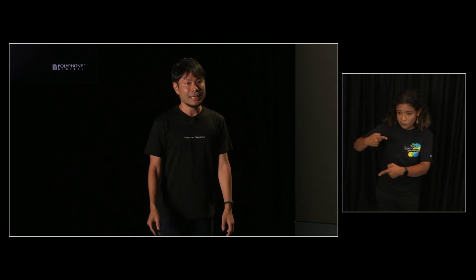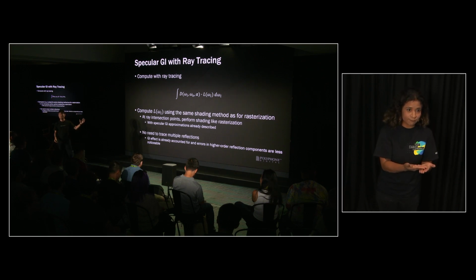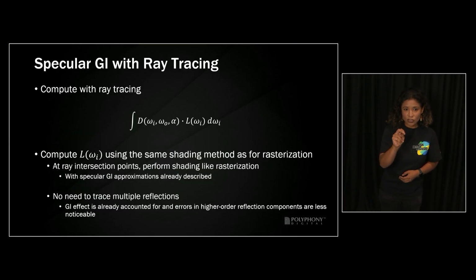At the intersection points, we do shading like rasterization instead of recursively ray tracing. Of course, the accuracy will be lower, but a certain amount of GI effect is already accounted for, and errors in higher order reflection components are less noticeable. Therefore, only one ray tracing step is performed.